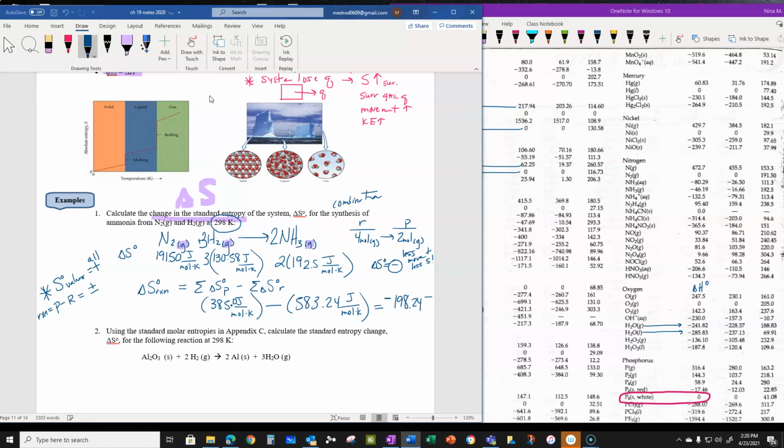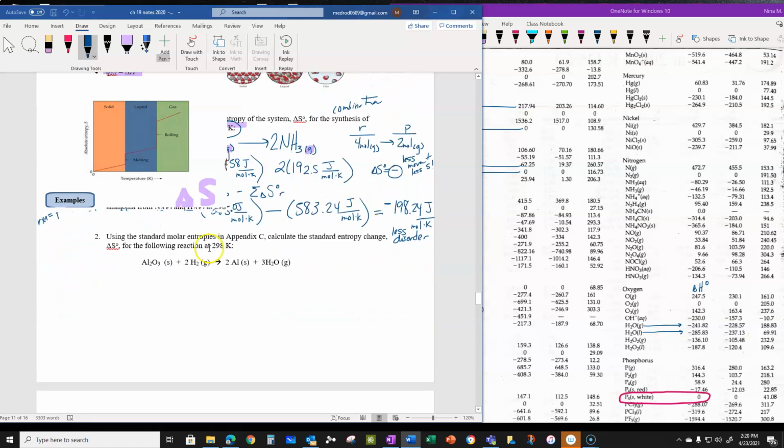Negative 198.24, and we still have J/mol K. So remember, ladies and gentlemen, not kilojoules here, not kilojoules. Okay, so that delta S reaction, definitely I have created less disorder. And you could even say it in a different way. You could say I actually created more order. Okay, you could have either one.